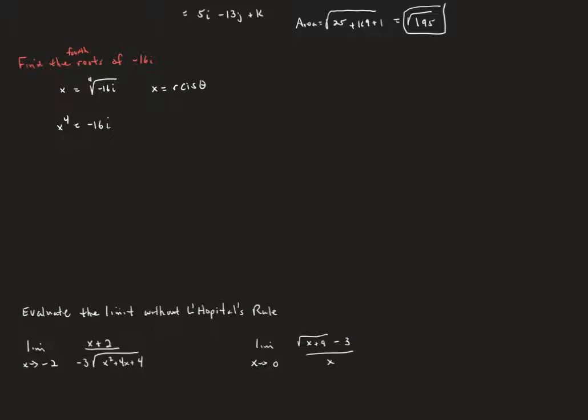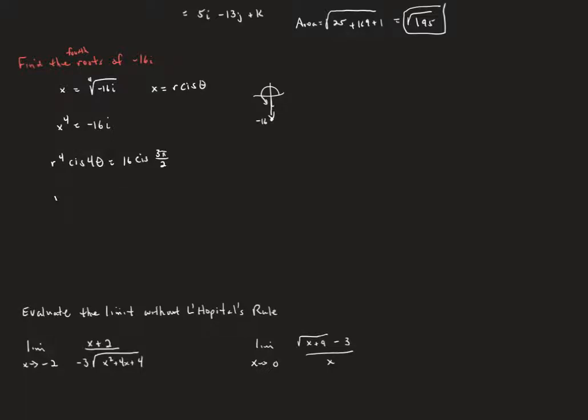Since x was r cis theta, when we take it to the fourth, that's going to be r to the fourth cis 4 theta. And I like to think of graphing negative 16i as going to be down here, negative 16. And so that's going to have an r value of 16, and the theta is going to be 3 pi over 2 to put it on that negative imaginary axis.